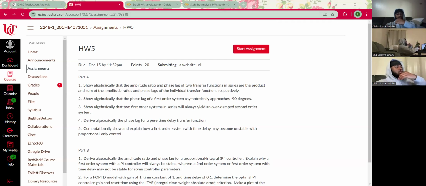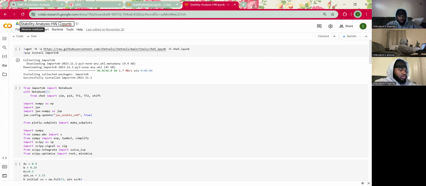Now I'm going to computationally show how the first order system with the time delay, that time delay that we just showed with the W, inclusion shows the time delay in the whole function and all that down the line. So let me run.